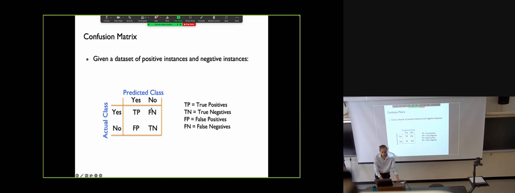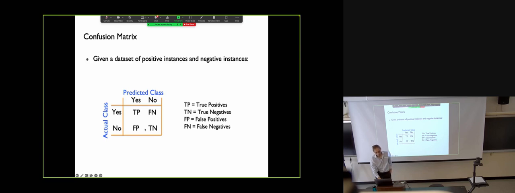Similarly, if the prediction was no but the actual class was yes, we call that a false negative. True negative is again prediction was no, the actual class was no. And vice versa, if the prediction was yes and the actual class was no, that's a false positive. So the off-diagonal ones are false because the prediction is false, and the diagonal ones are true.